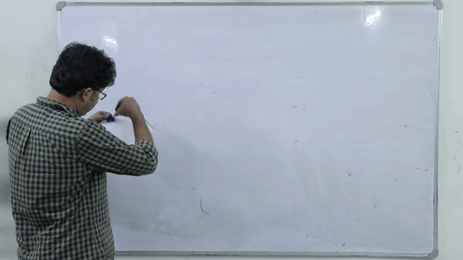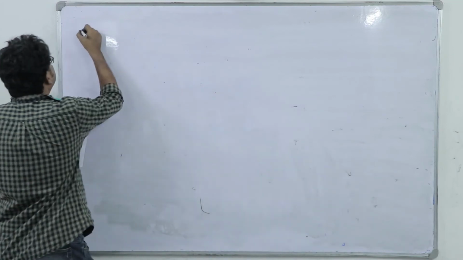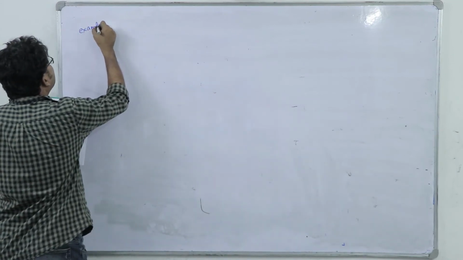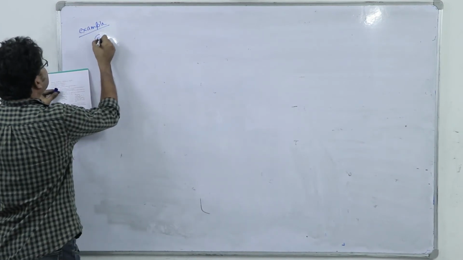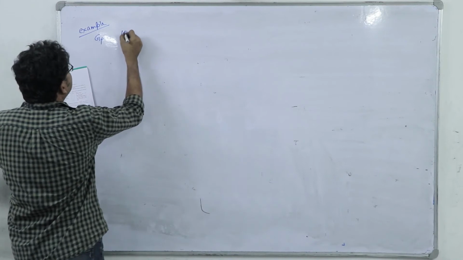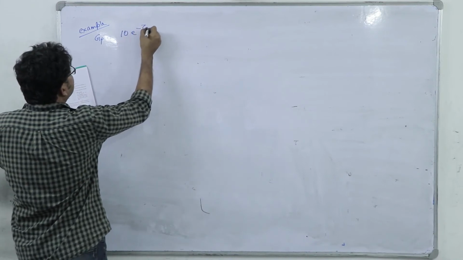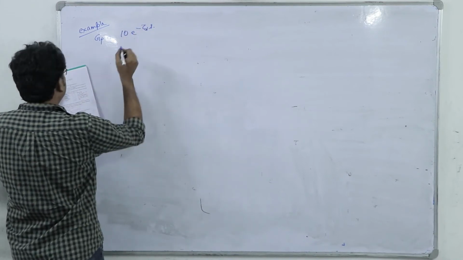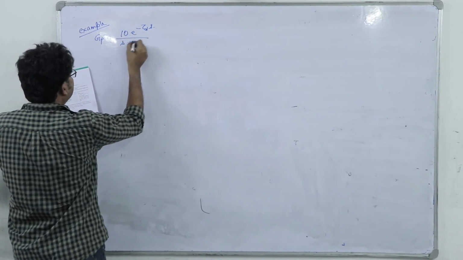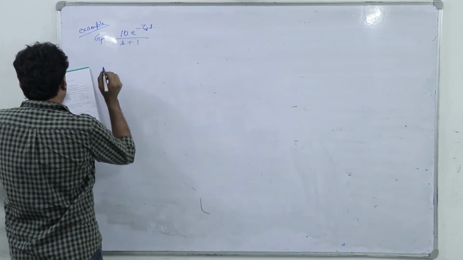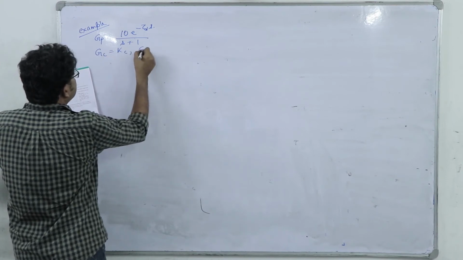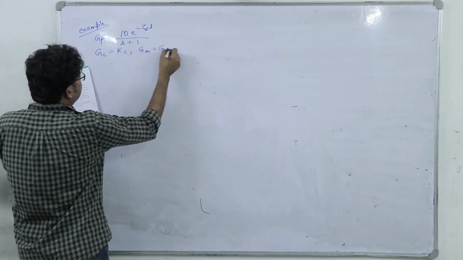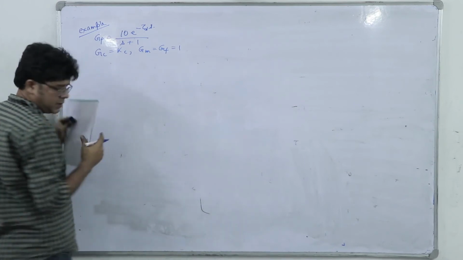Let us have a process 10 e to the power minus tau_d s, divided by s plus 1, and the controller is a P controller, GM = GF = 1.